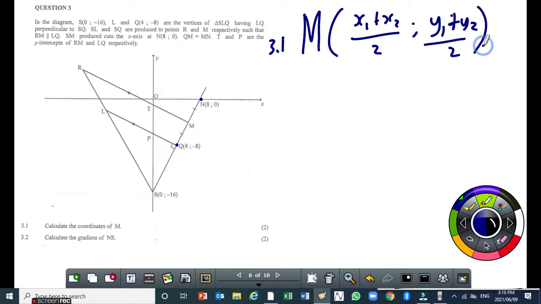So, M, this is 3.1. M will be equal to (x1 plus x2) over 2, (y1 plus y2) all over 2.